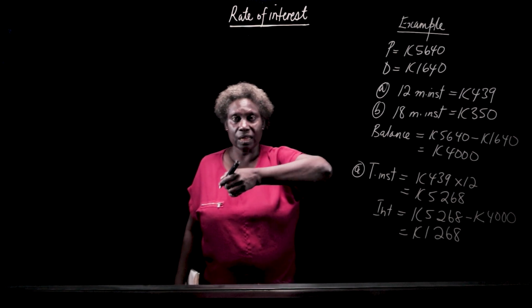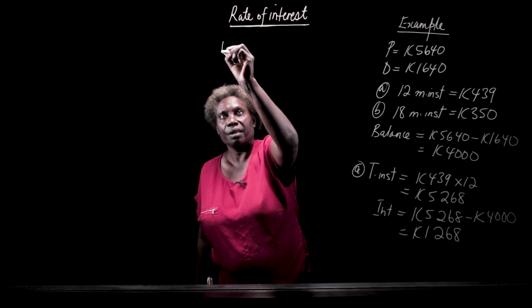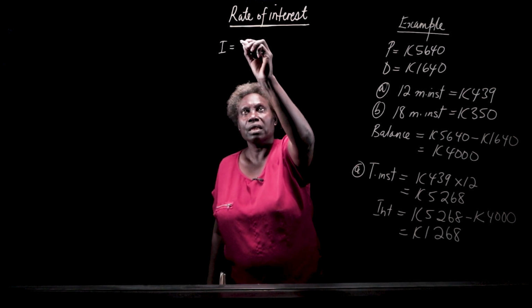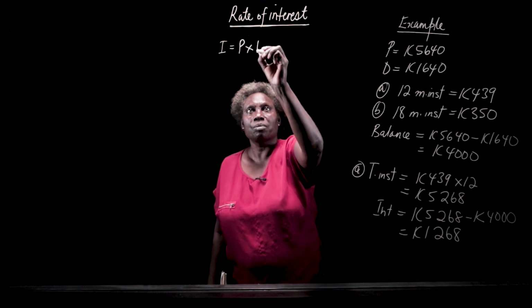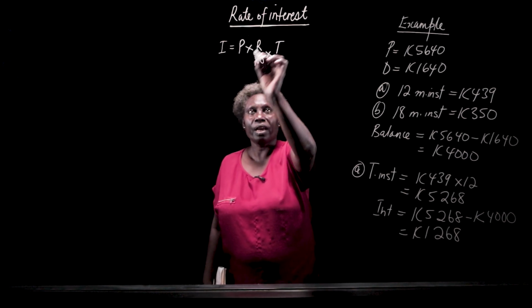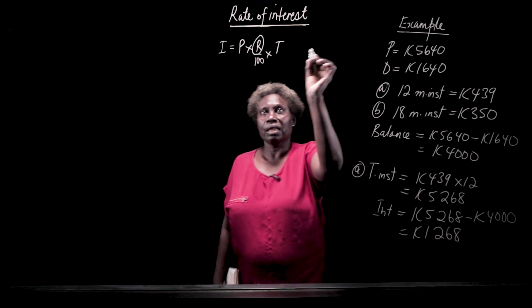We have to calculate the rate of interest using the interest that we got here. In our previous lesson on simple interest, we know that the formula for simple interest is equal to principal times rate over 100 times time. We have to make R the subject because we want to find the rate.